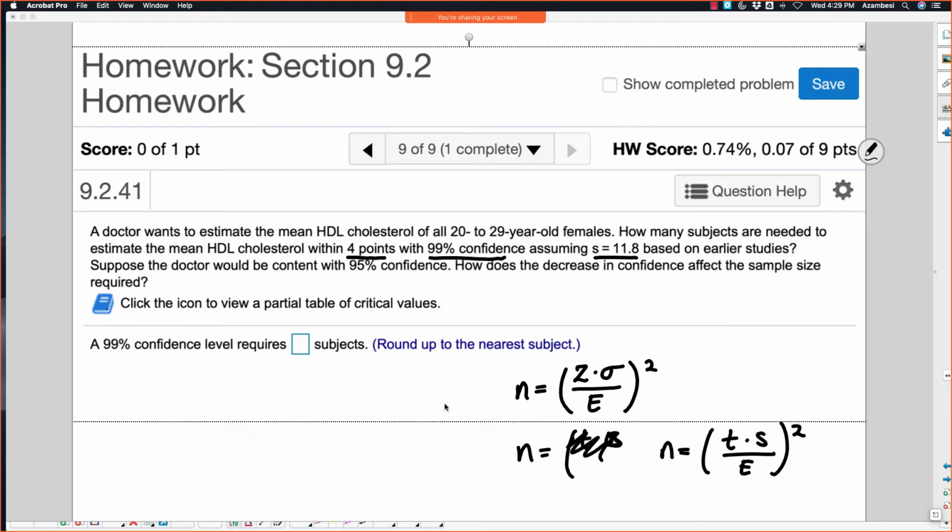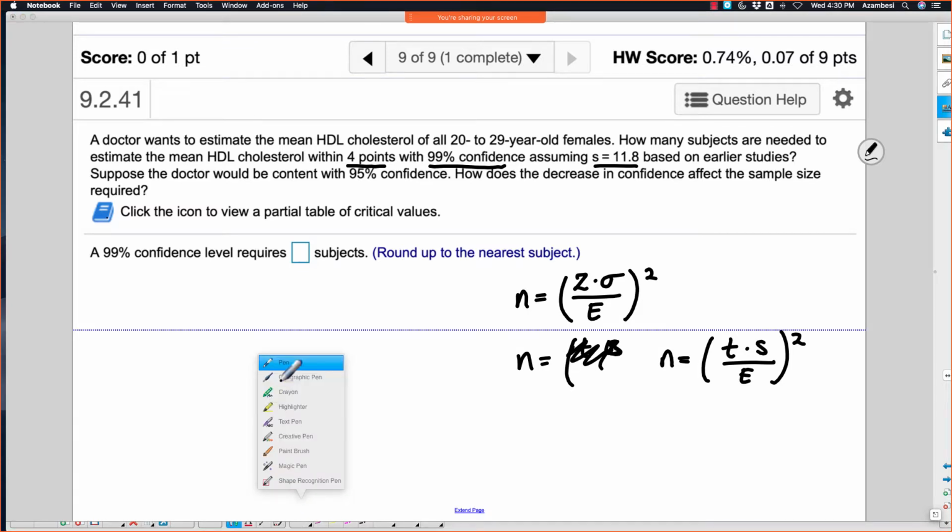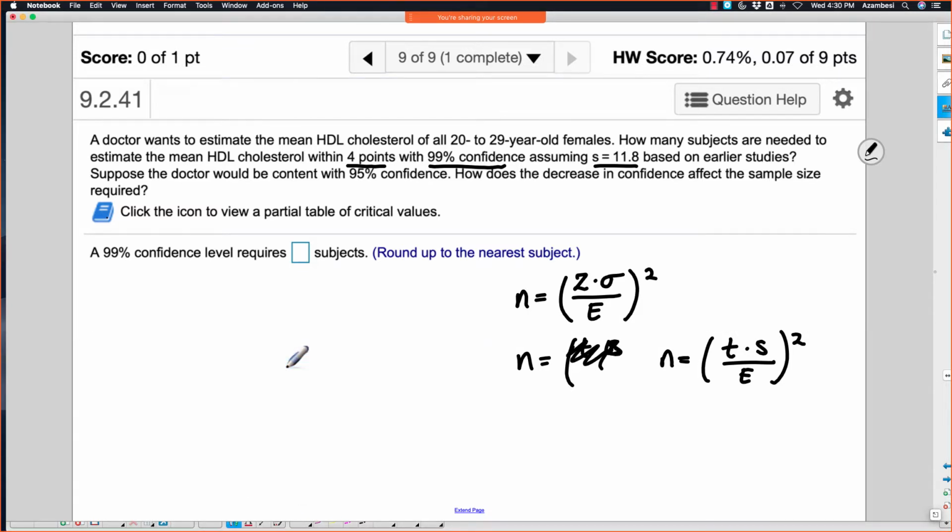So looking for n, n is equal to 2.58 times our standard deviation from previous studies, so 11.8.